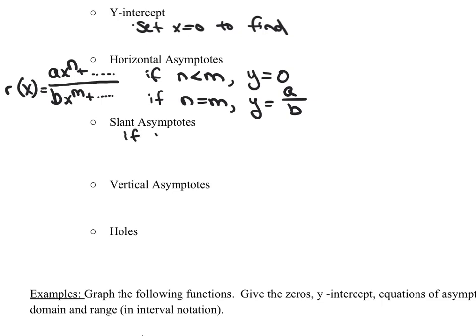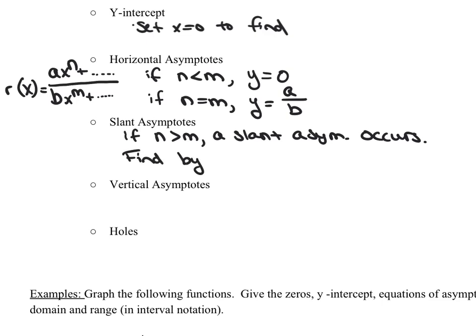And if n is greater than m, a slant asymptote occurs, and you find it by using polynomial or synthetic division.